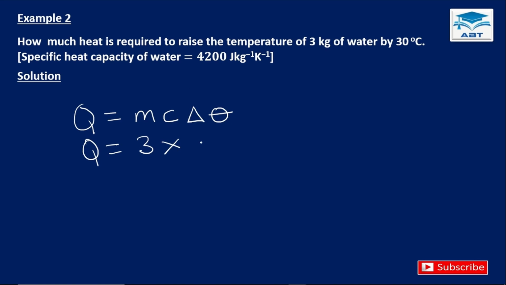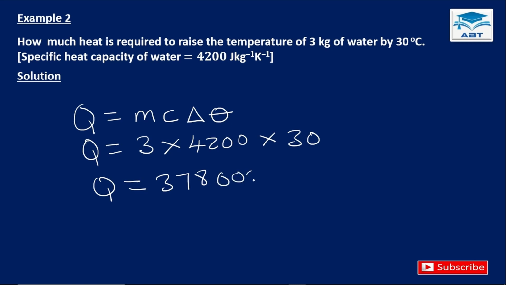Specific heat capacity of water is 4,200 joules per kilogram per Kelvin, and the temperature change is 30 degrees Celsius. So when we multiply, we have 378,000 joules.